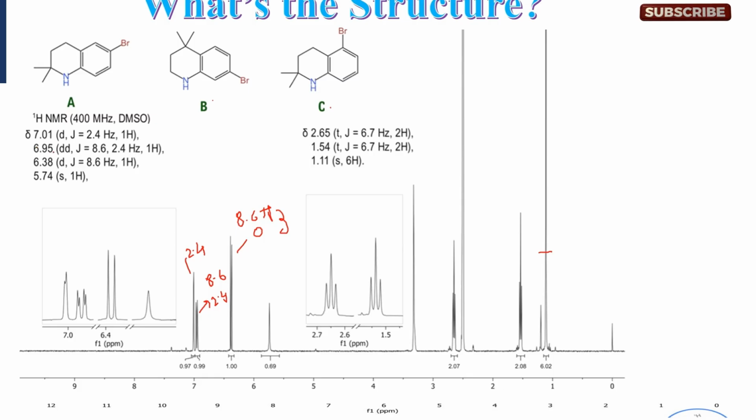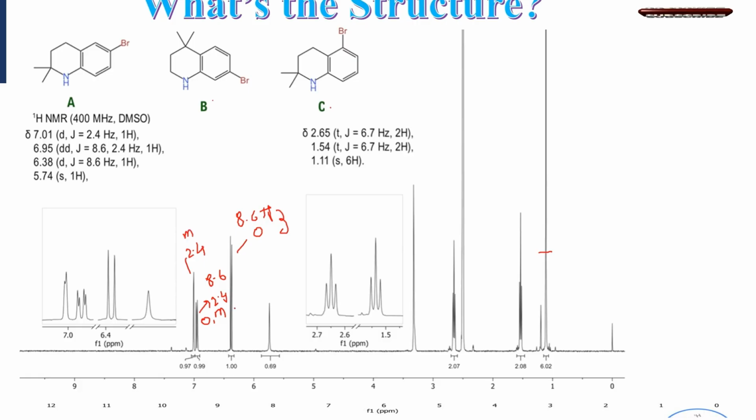Whereas 6.95 will have an ortho as well as a meta proton. 2.4 hertz is the coupling constant for meta substitution. And the peak at 7.01 has 2.4 hertz, so that is for meta.